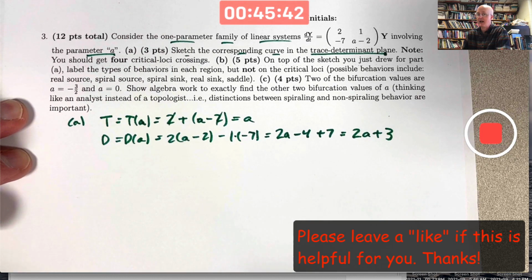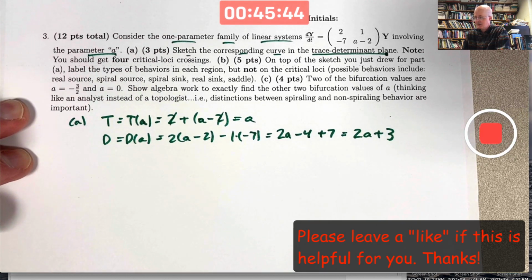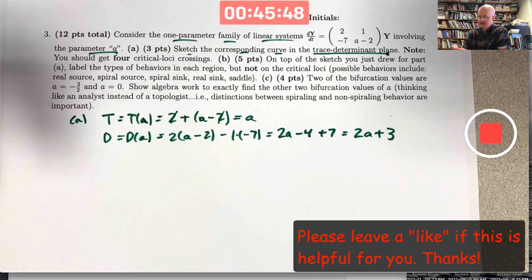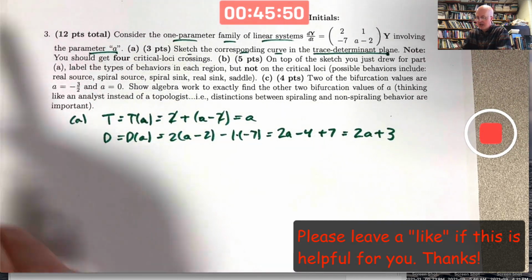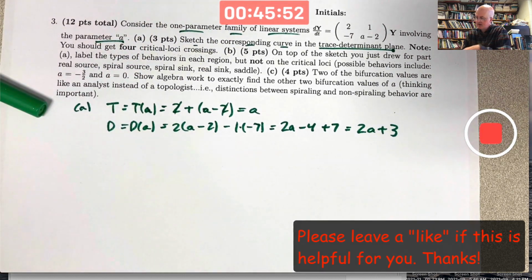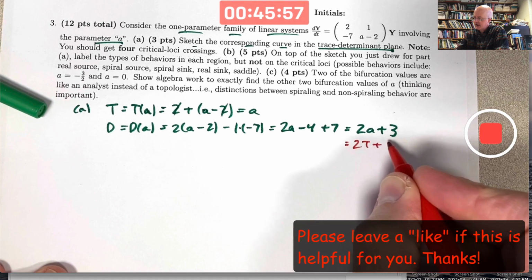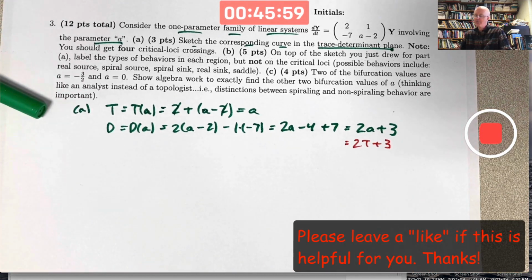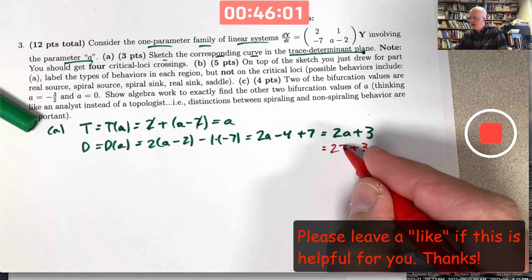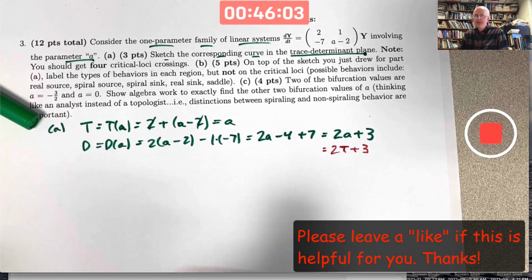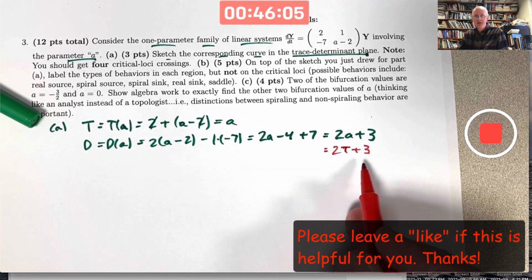You could just plot some points. You also could eliminate the parameter. Since t does equal a here, you could replace this a with t and say this parametric curve is along the line in the TD plane with equation d equals 2t plus 3, a slope of 2 and a vertical intercept of 3.